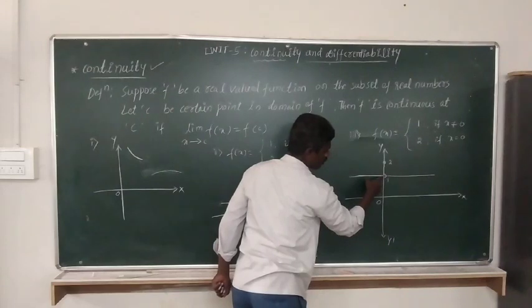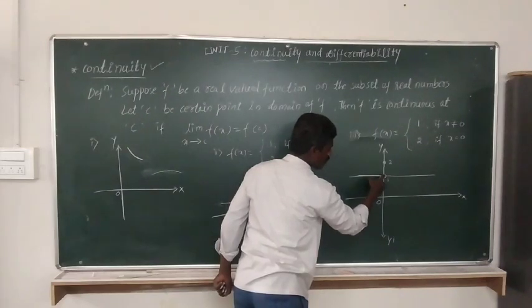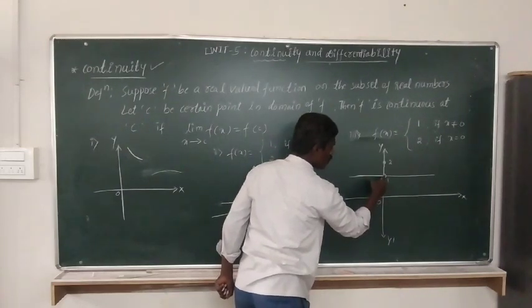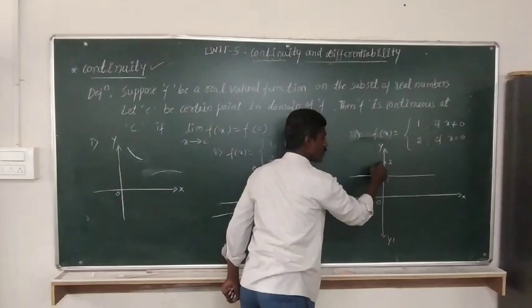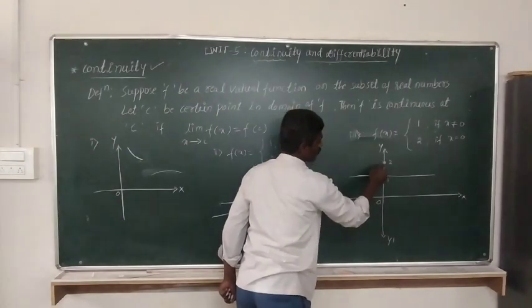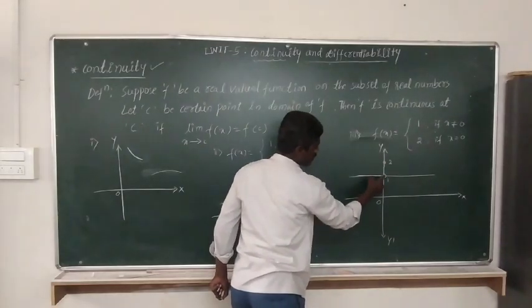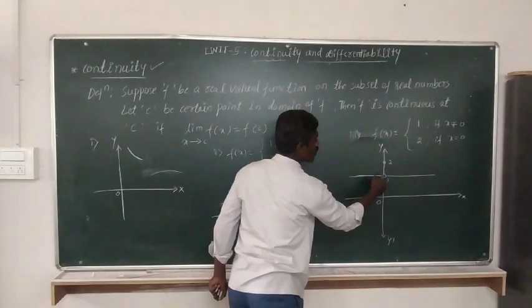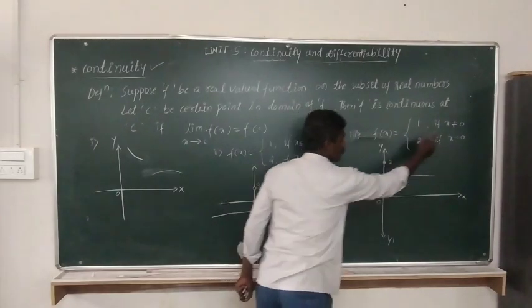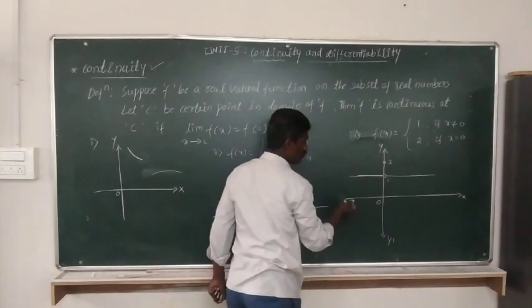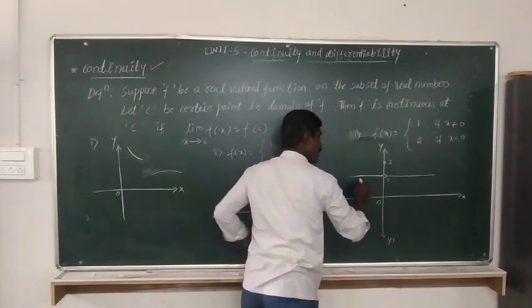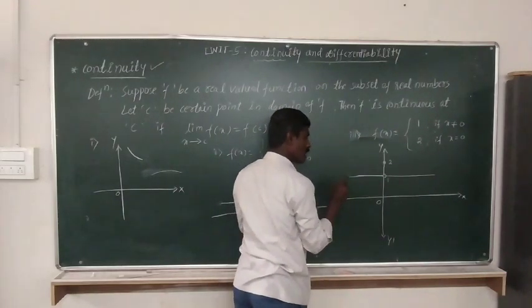If the value of x is excluded, we create a hole. If it is included, we have to shade the portion. But here this indicates the value of x is excluded. Hence, except at 0, the graph is continuous.